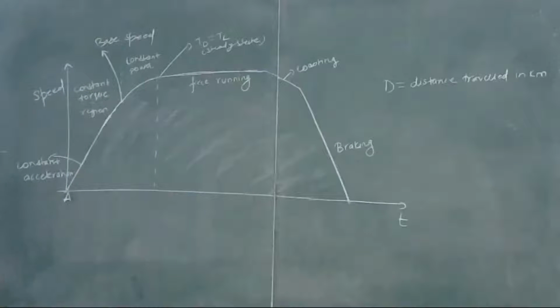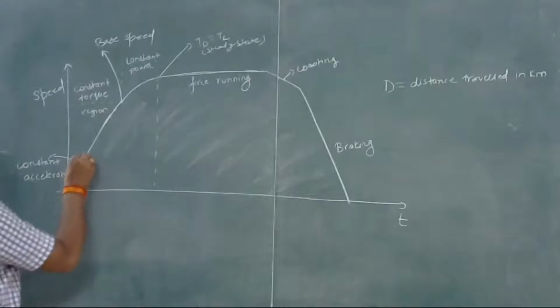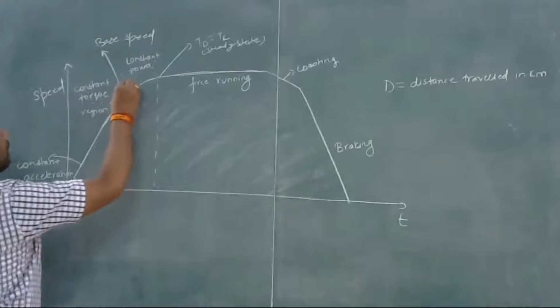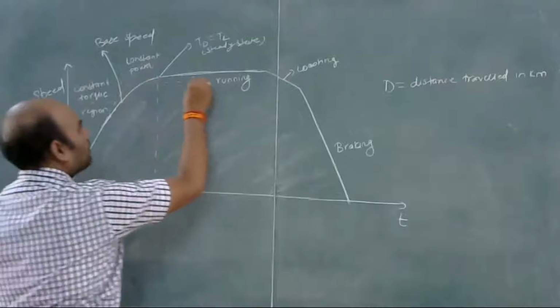Okay. So we will find the area of this curve. So for simplification, we assume this curve to be a trapezoid.